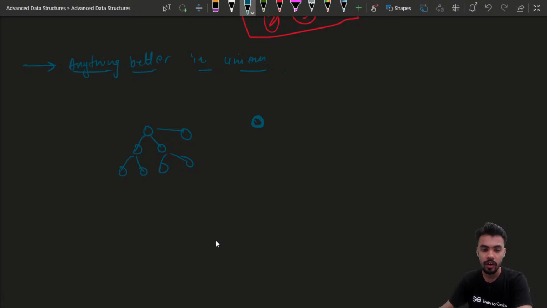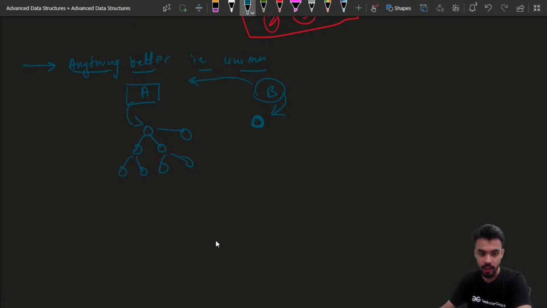Say this group is A group and this group is B group. What we were doing is choosing any point at random and making the other group a parent of this group.